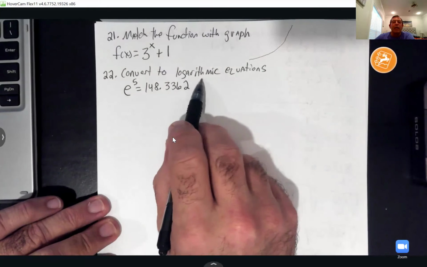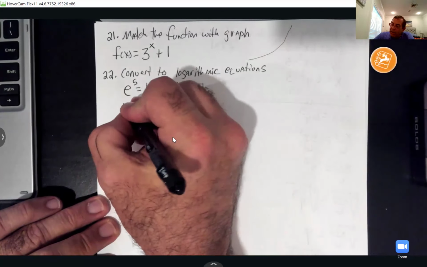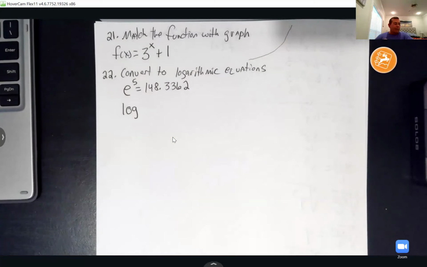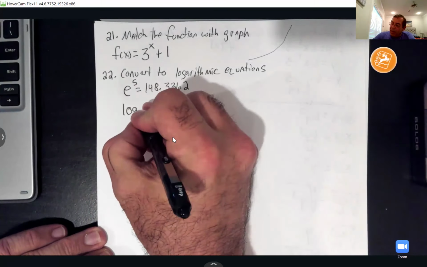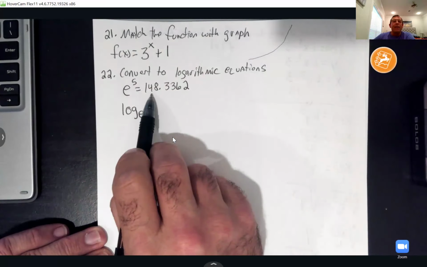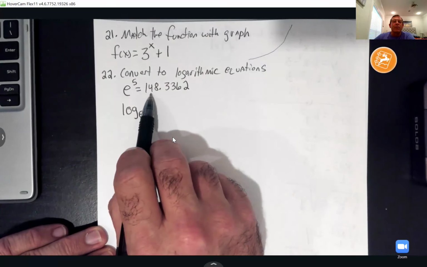So remember, if it's going to look like a logarithmic equation, I got to write my log. So the base of this log is the base of the exponential, so that'll be an e. Then the result is the result.